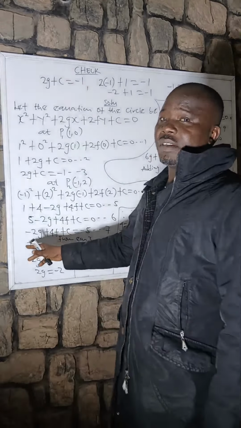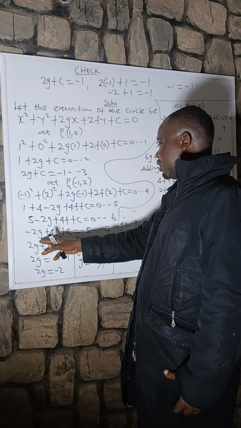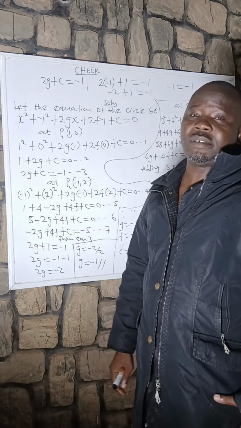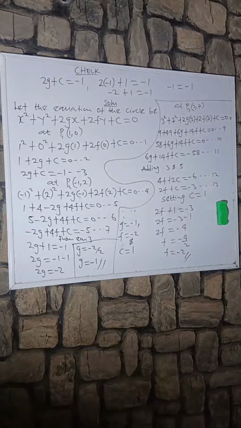You can now see that minus 8 plus 3 is minus 5, equals to minus 5. We are right. So this is how you are going to approach it. Any question, please? Do you have any question? No question? Okay, we are moving.